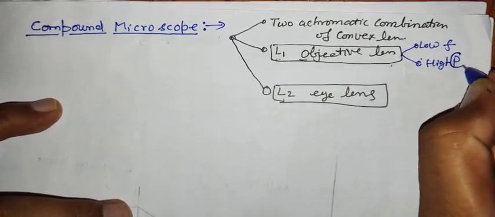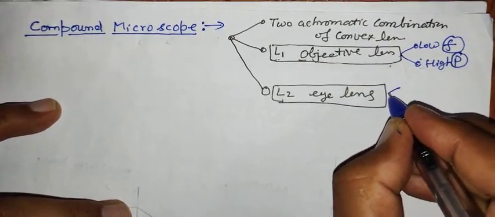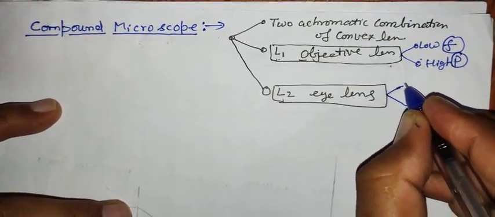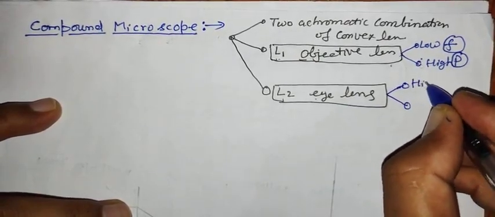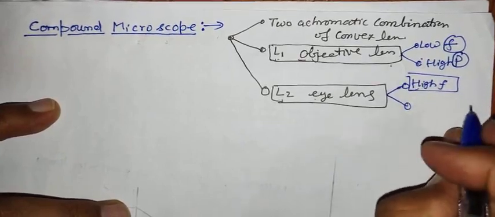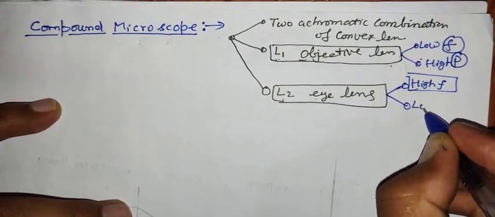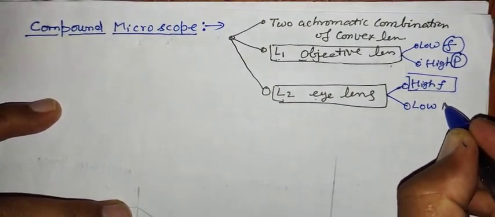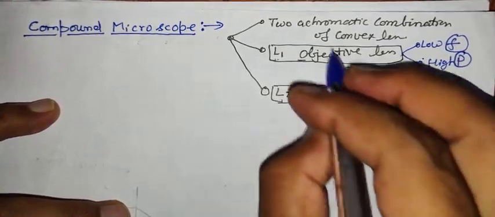P represents power and F is for focal length. And when we compare with L2, the eye lens, it has high focal length. We know power is reciprocal to the focal length, so it will be low power. It means that both are different.